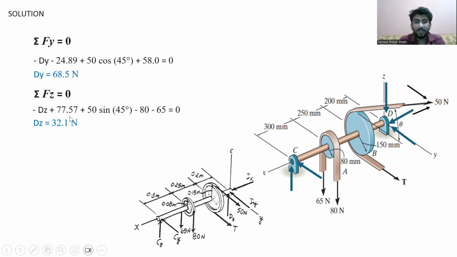And we have the positive 77.57 Newton force, which is the CZ force. And we have the 50 Newton force, which is also moving in the Z direction, so we use the sine component. So we get the reaction force in the Z direction at bearing D, which is about 32.1 Newtons.